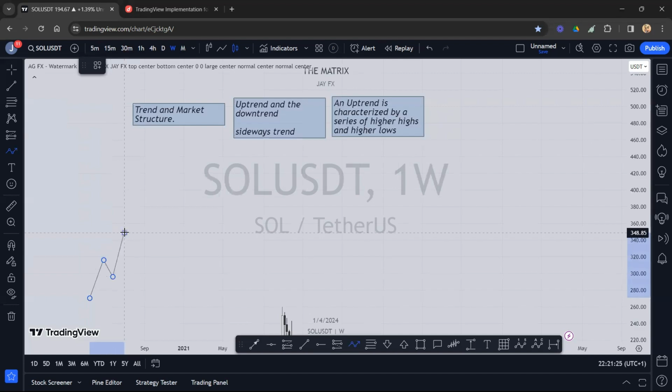We have another high. We have a low. We have another high. We have a low. We have another high. We have a low. And we have another high. Let me stop here. So you can see the character of an uptrend.